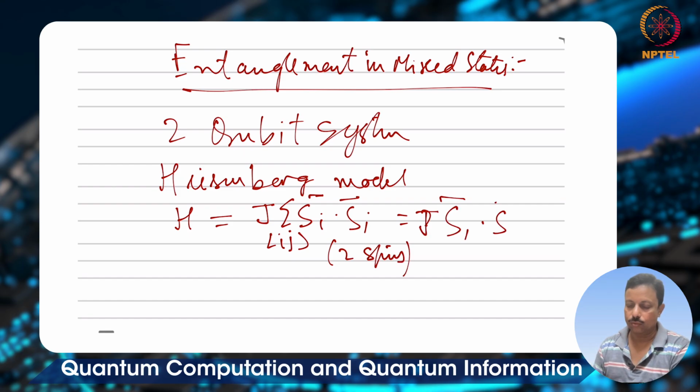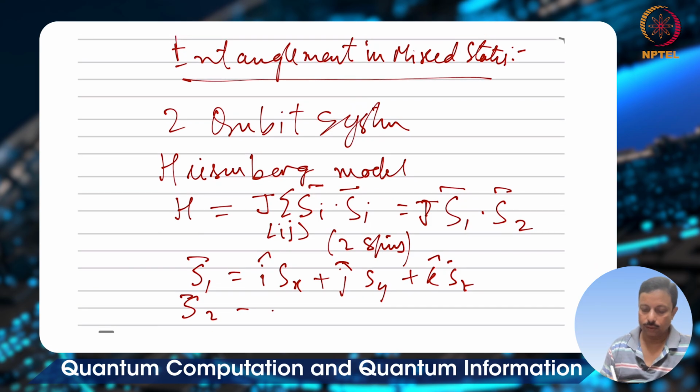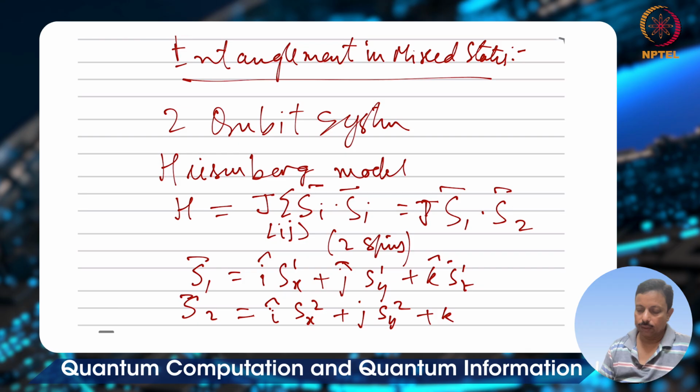So for 2 spins, it is simply J S1 dot S2, where S1 is equal to i Sx plus j Sy plus k Sz, and S2 is similar. I am putting the index on top, so this is S1x for spin 1, and S2 is i Sx2 plus j Sy2 plus k Sz2.